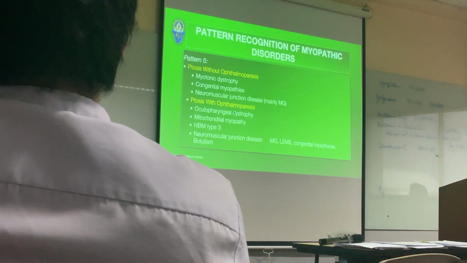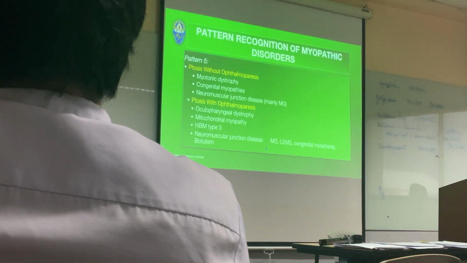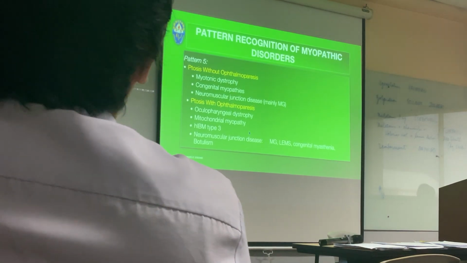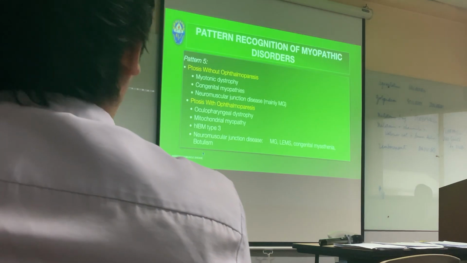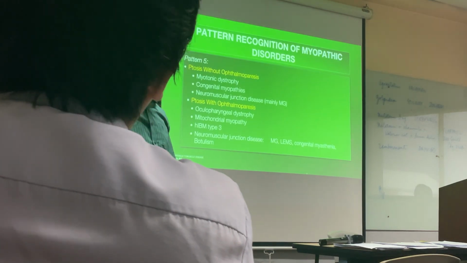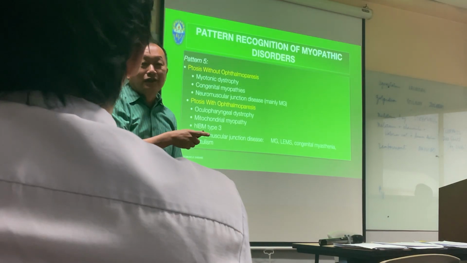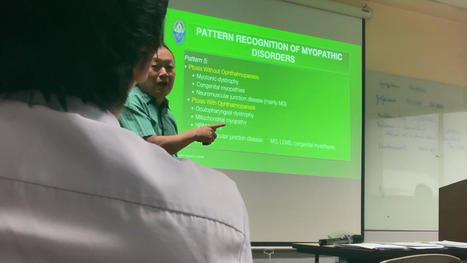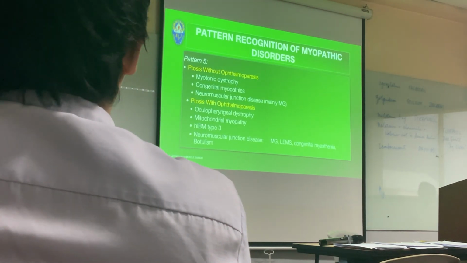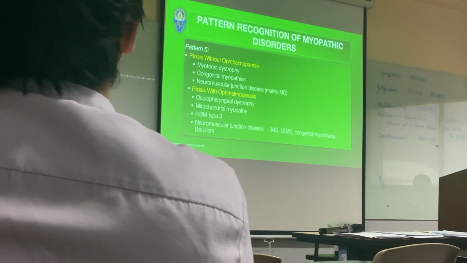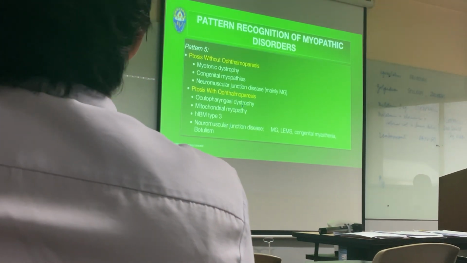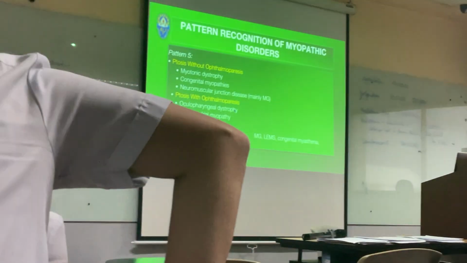Ptosis with ophthalmoparesis, the neuromuscular junction is still included. But the thing is, in neuromuscular junction disease, there may be ptosis here, and the diplopia can be anywhere. It's the individual muscles that are affected. Clear? Okay. Of course, you have oculopharyngeal dystrophy, mitochondrial myopathy.